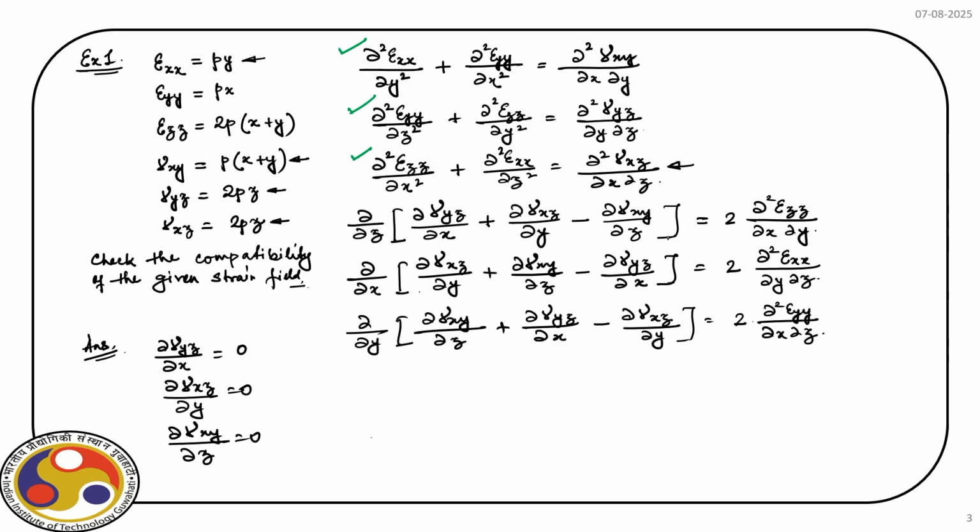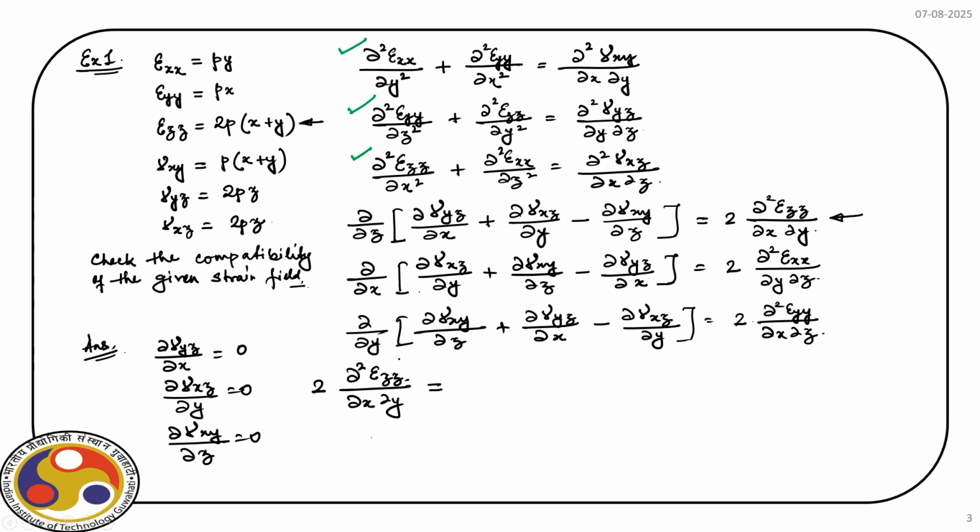That means the left hand side of the fourth equation is 0, right. So, let us check whether the right hand side is also 0 or not. What we have here, epsilon xx and the expression of epsilon zz. We have twice of epsilon zz differentiated with respect to x, with respect to y.